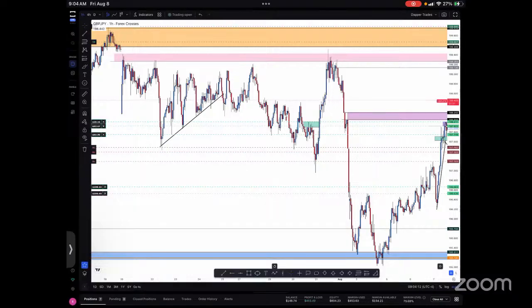So first thing I'll do is I notice here GJ was bullish until we hit some highs, right? So the highs was around 199.98, 199.66.